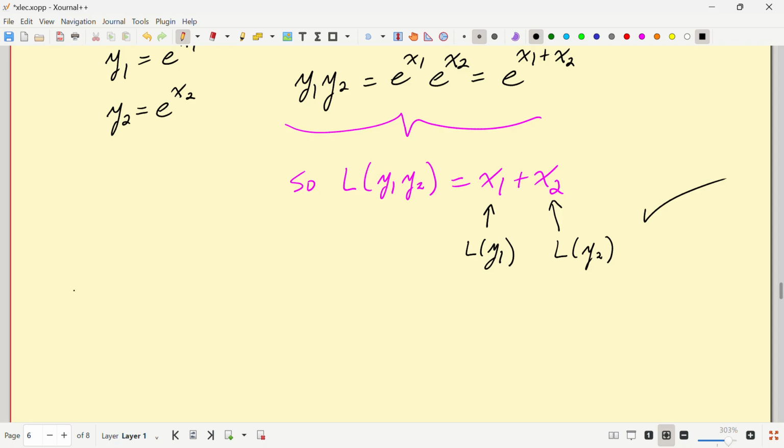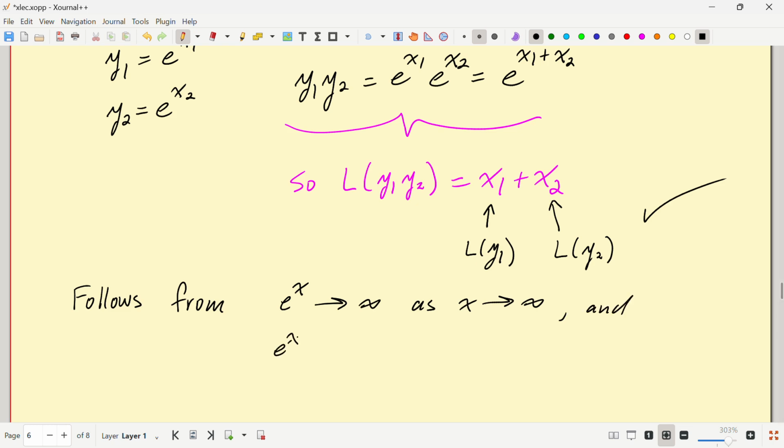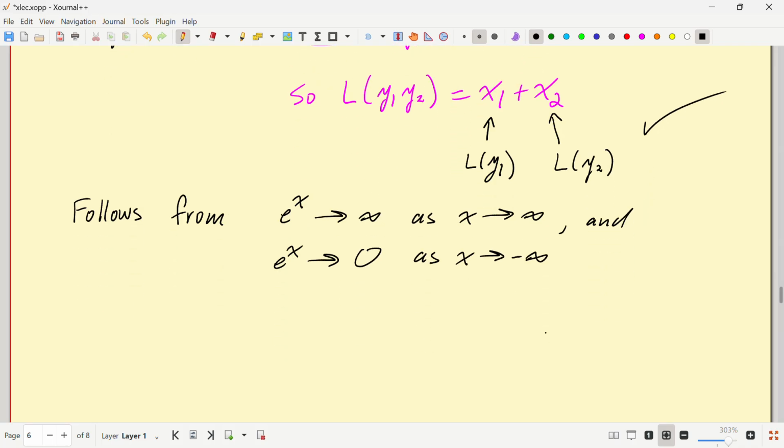But it follows from the two things: e to the x goes to infinity as x goes to infinity, and e to the x goes to 0 as x goes to minus infinity, that the log function L of x goes to infinity as x goes to infinity.